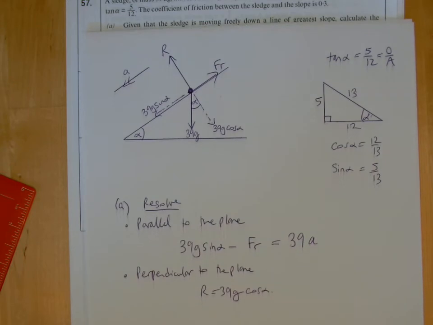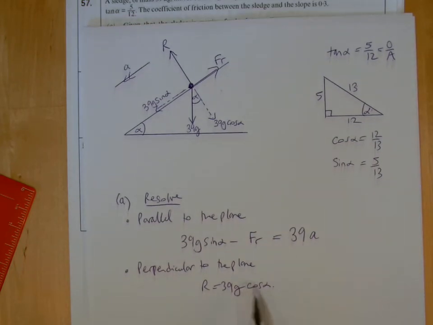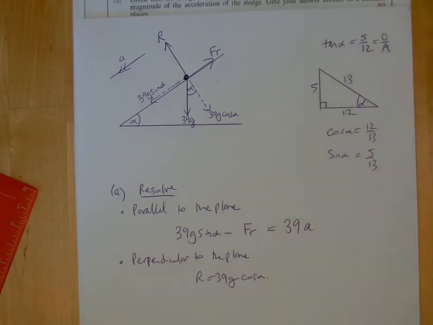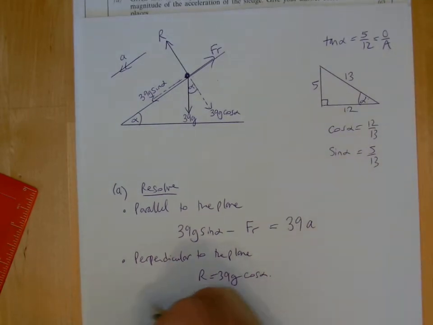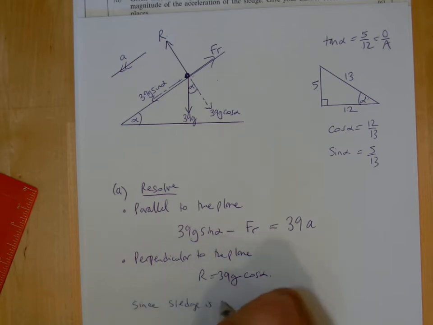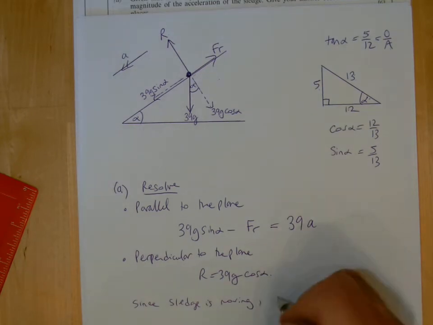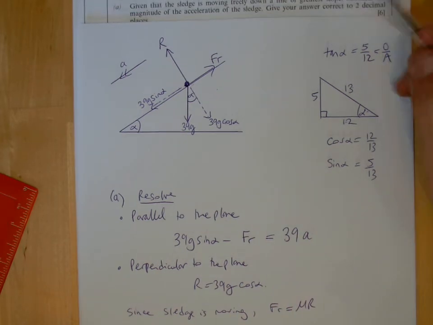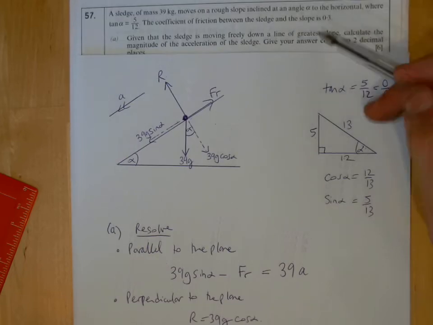Now we can go about working out our friction, because the sledge is moving, friction is as big as it can be. Friction is equal to mu R, so that is max. In the question they said that the coefficient of friction mu is 0.3.